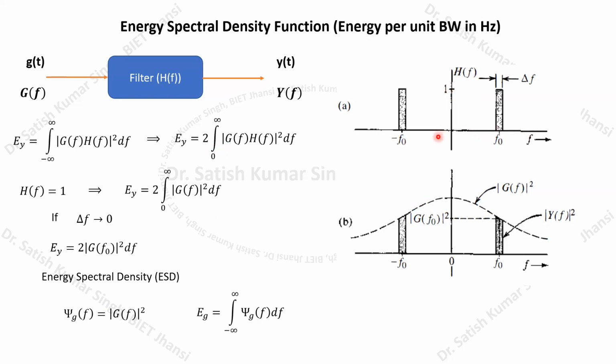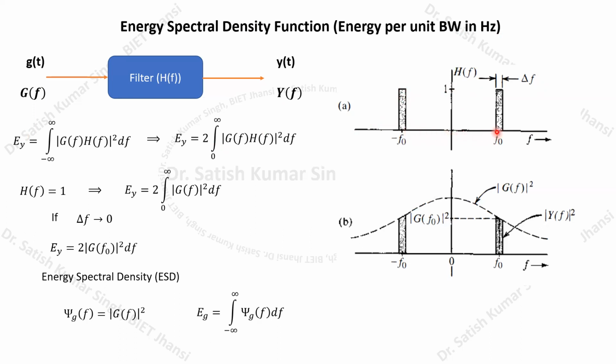If we have any Fourier transform G(f) and it is multiplied with H(f), only this much portion will survive, because H(f) is 0 for other ranges of frequencies.